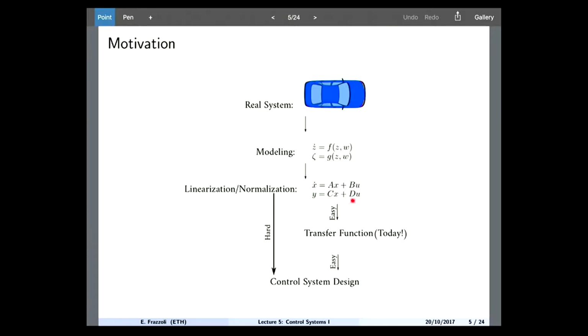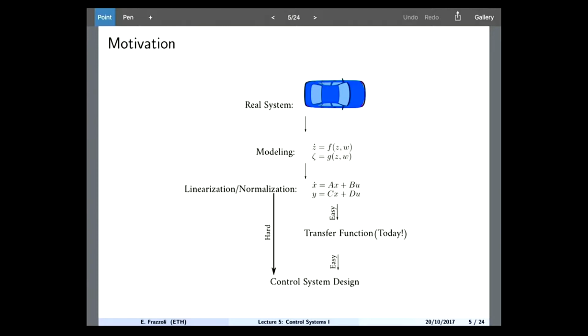You didn't really use this kind of model. What you use is this transfer function model that is a way to make control design very easy to do by hand, okay? In this class we will concentrate on things that you will do by hand. In fact, at the exam you will not have MATLAB with you, right? But the point is that the kind of techniques that we will look at in this class are meant to be such that you can just do control design with a piece of paper and a pencil, okay?